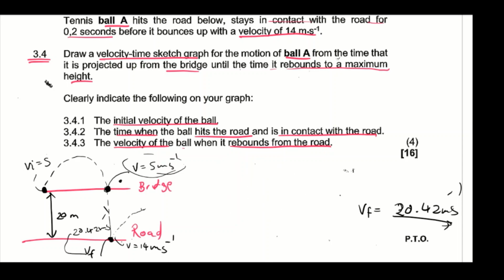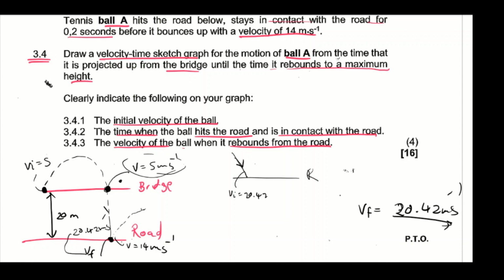Now that we found the final velocity, we want to find the velocity of the ball after it bounced off the surface. If we consider this as the surface of the road and the ball bounces, its initial velocity was 20.42, because it was coming from the top.